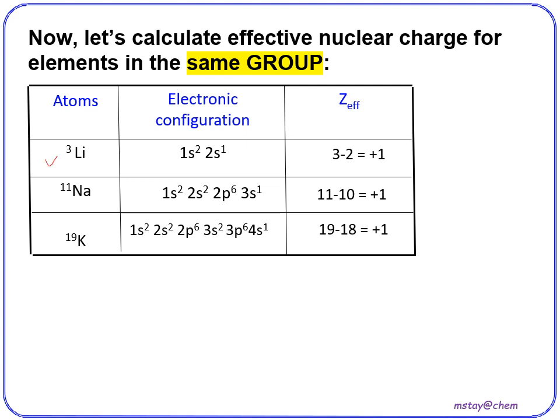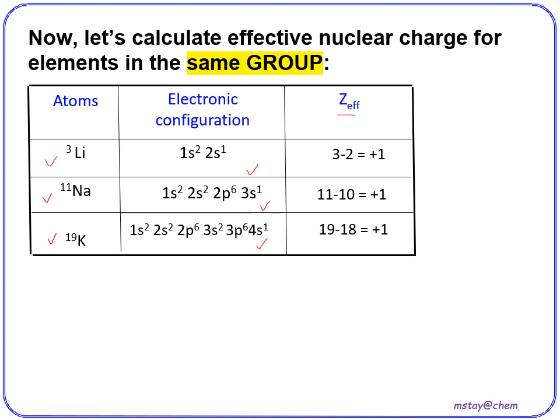Lithium, sodium, and potassium are all very common elements in group 1. When we write out the electron configuration for all three, these are the electronic configurations.